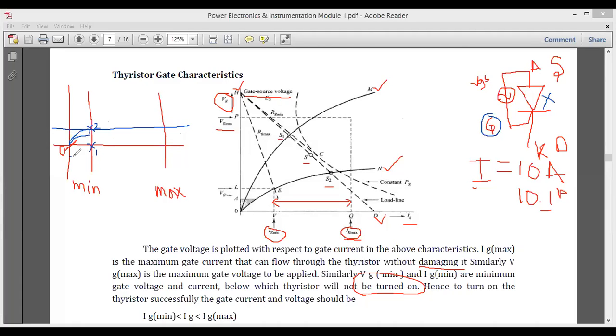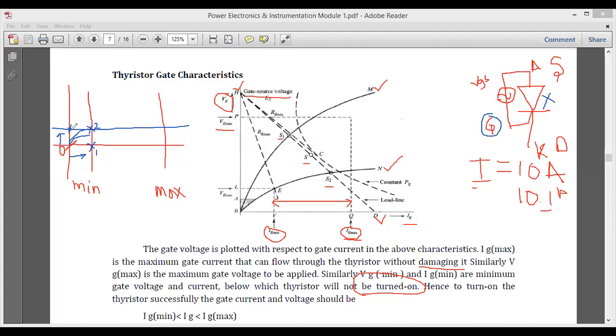Once I apply the current in this direction, if it is less than this, your SCR will not turn on. If I start applying the voltage in this direction, if it is less than this point, your SCR will not turn on.